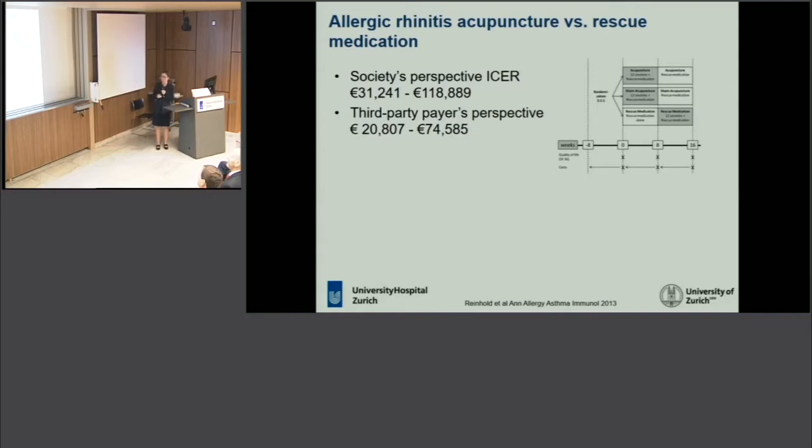When you include this data, it's not very cost effective, the acupuncture, compared to a kind of rescue medication for allergic rhinitis. From the third party payer, so the health insurer's perspective, it's still not so cost effective. But that was also because the trial was in a very much efficacy controlled environment.